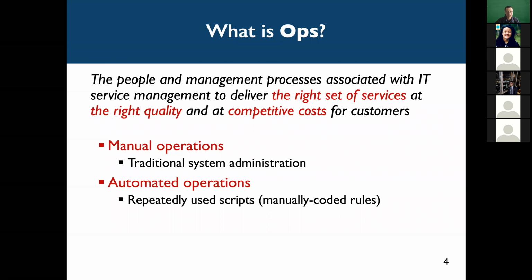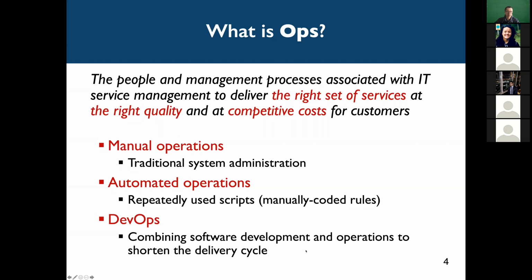But later on, they may code these steps into scripts, so they can just run the scripts and do this operation automatically. Okay, so they started to have reusable scripts. This is automated operations. Then comes DevOps. DevOps combines software development and operations to shorten the delivery cycle.